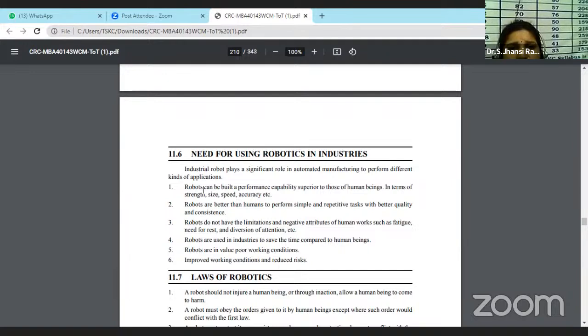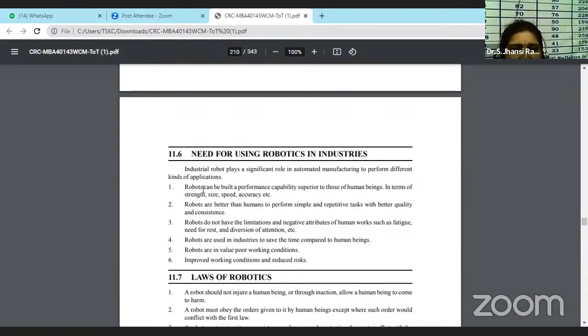As humans, because of routine or repetitive work, we get bored and the quality goes down. But a machine will not get bored, the quality remains as it is, and it maintains consistency in production or repetitive works.